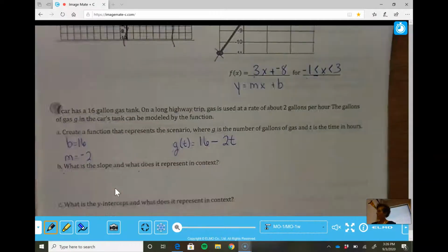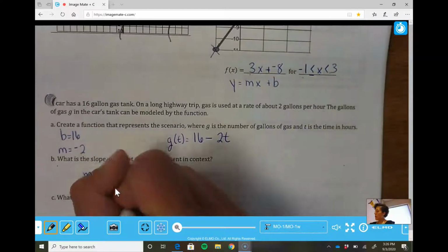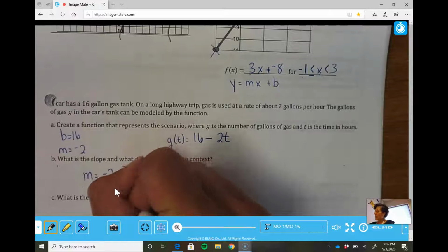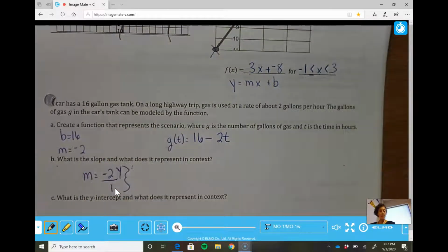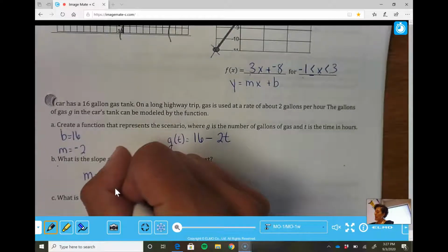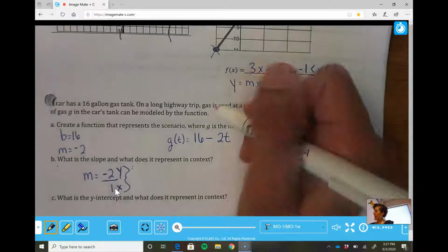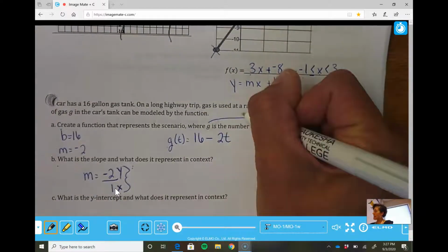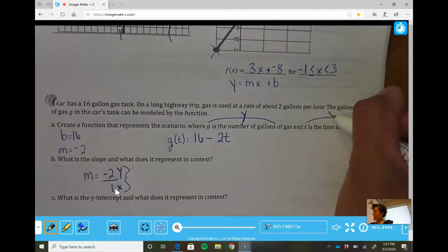So I kind of already answered some of these things. So what's our slope? It's this -2 over 1. And what it means is, again, y's are on top in slope, or average rate of change, and x's are in the bottom. And I already said that the gallons, this number of gallons, that's your y, and your time, that's like your x.